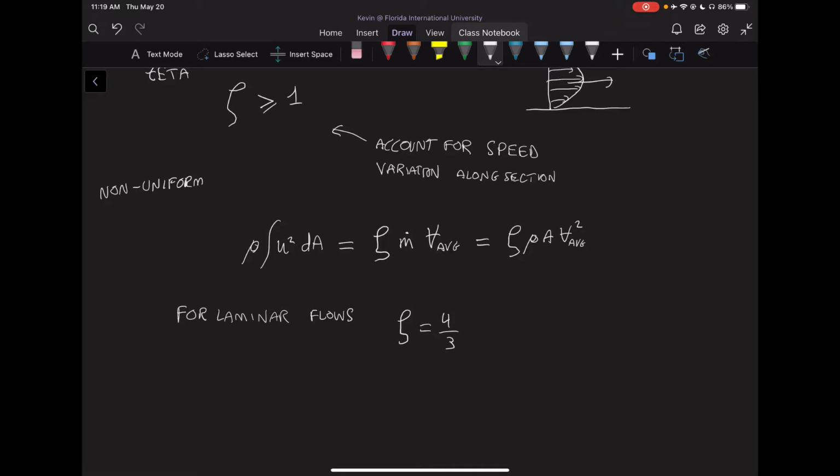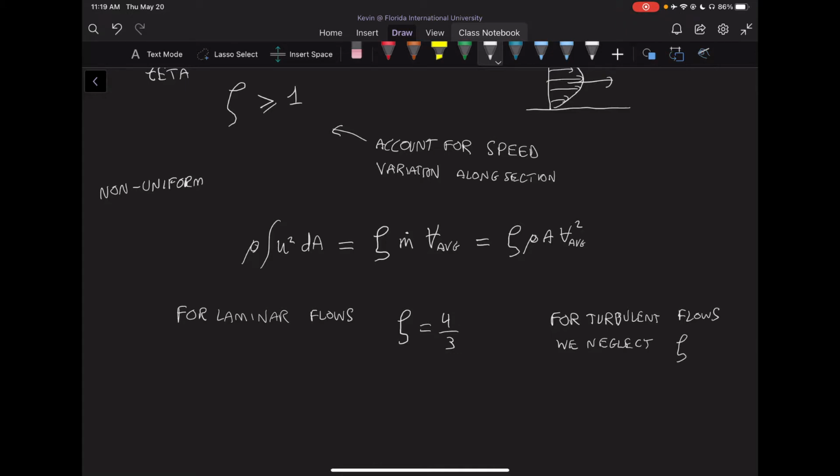Now, for turbulent flows, we're actually usually going to neglect this term zeta.